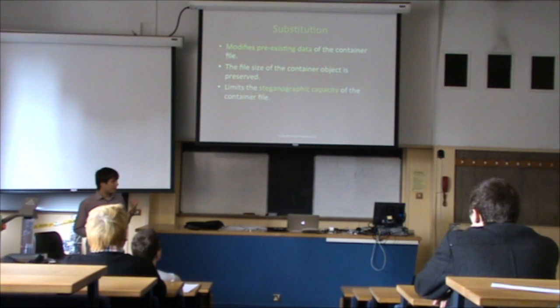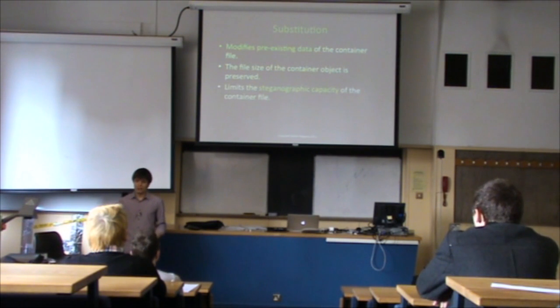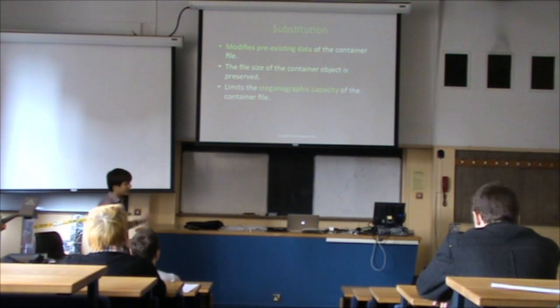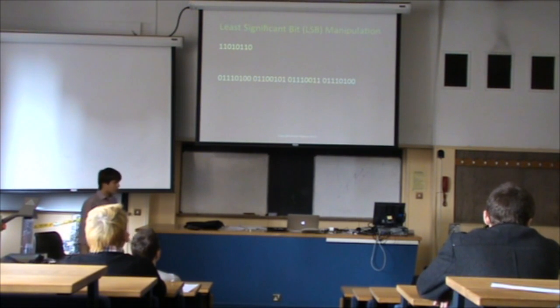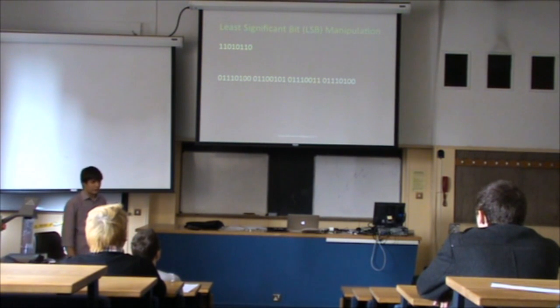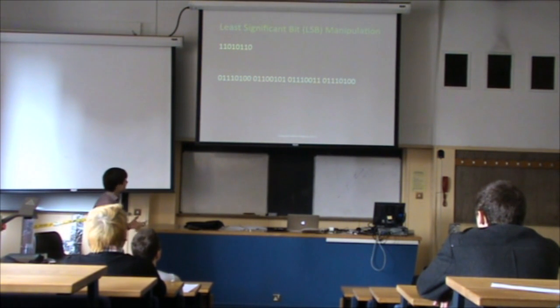With the injection technique, you can add any amount of data to the file that you want. There's no limit on it. Whereas with substitution, the steganographic capacity is limited by the amount of information that's already there. The most common form of hiding information by substitution is using either least significant bit or some other kind of bit mask.